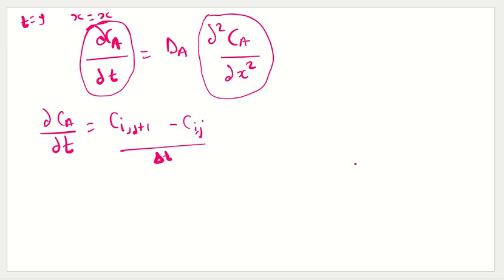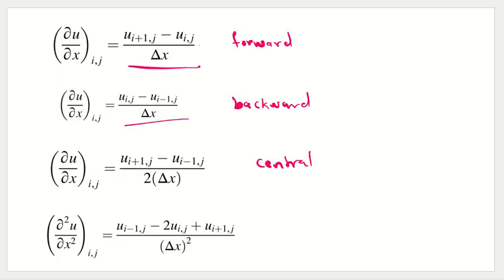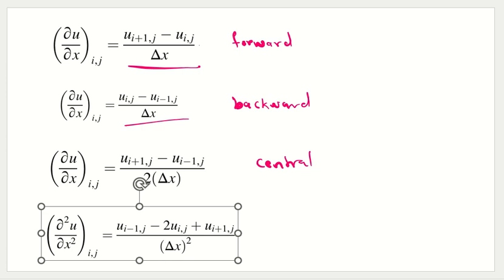Then let's find the expression for this one. You remember this is d²CA/dx², which is in the x direction, so we have to look for that in the x direction. It's only one expression for the second derivative.